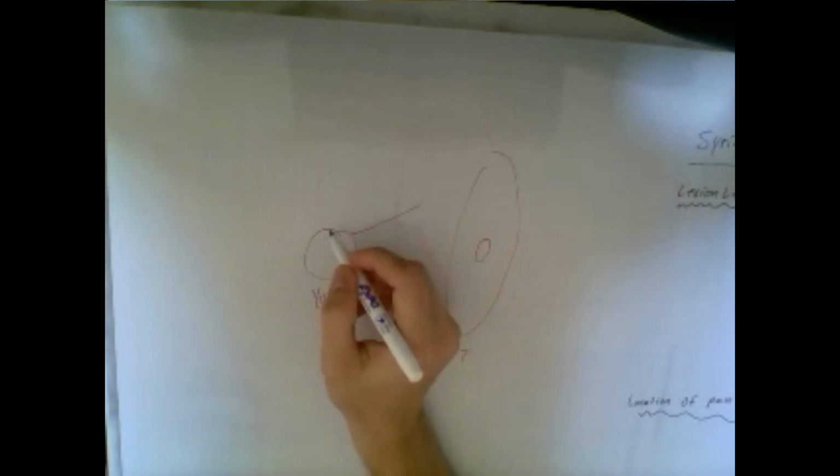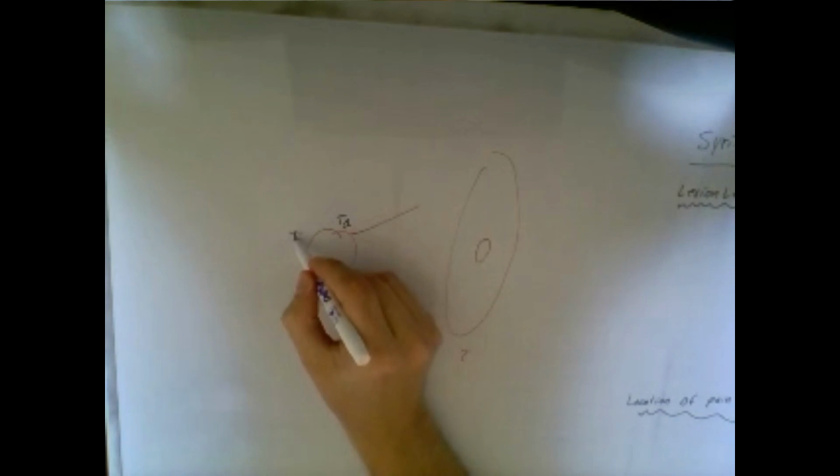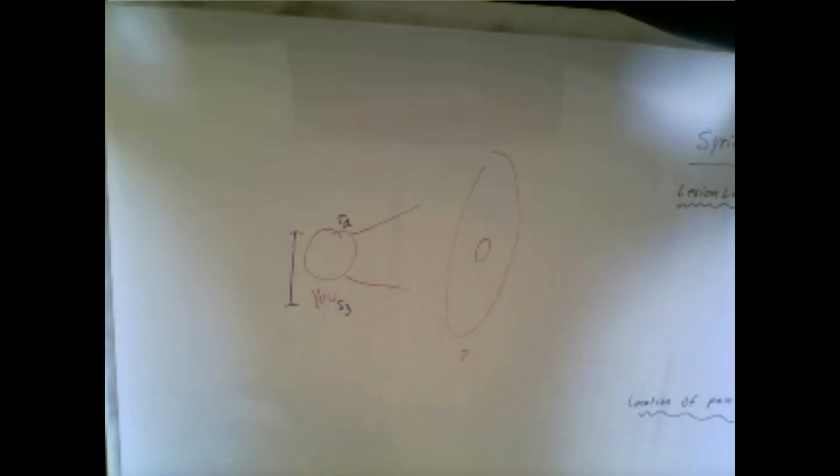So what we're questioning is how big this damage is, how tall it is, how low it is. Say this person can't feel from T1 to S3. So T1 to S3 is this range here.